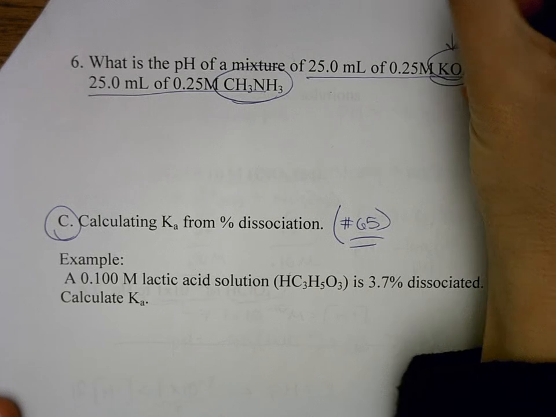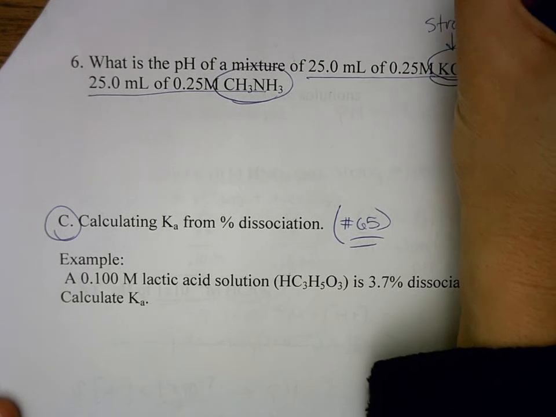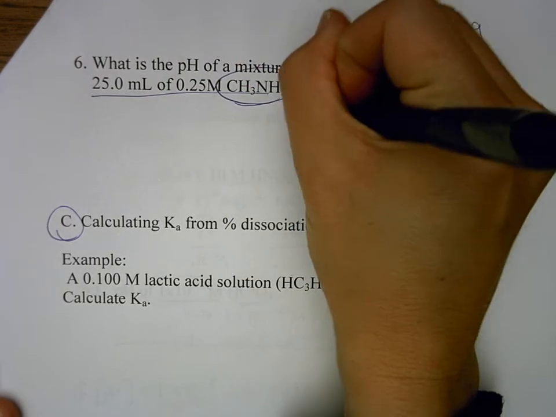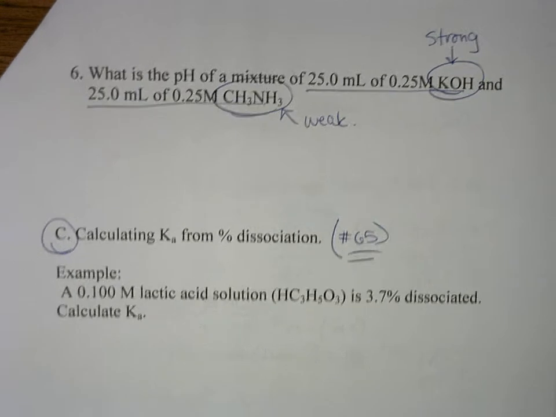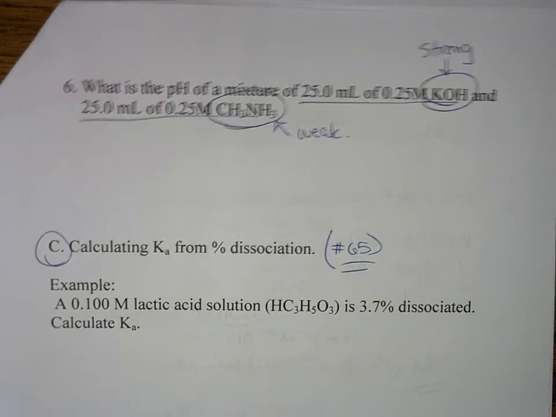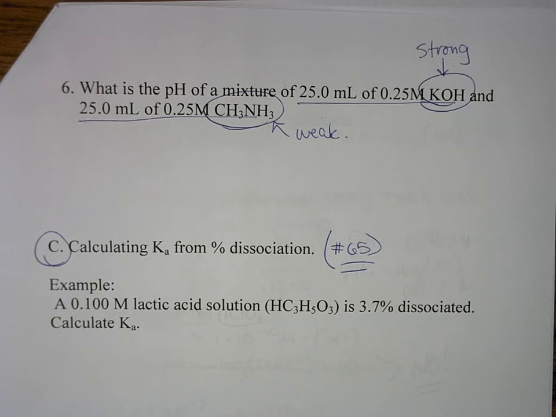Potassium hydroxide is strong. This one is not one of the strong ones that you memorized, so therefore it's weak. Just like the strong acids, when you had a strong one and a weak one put together, the strong one wins basically, and you just calculate hydrogen ion concentration from that. The same thing happens with bases. If there's a weak base, then you don't take that into consideration at all.